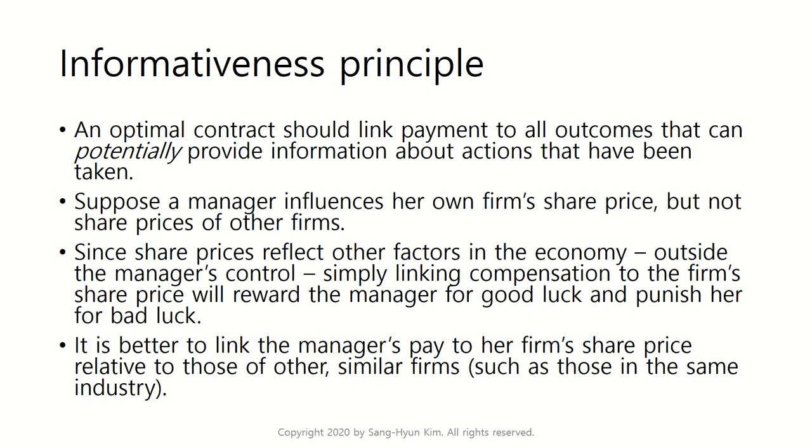Okay, so the optimal contract must be contingent on all available information which potentially provides information about the agent's effort. So that's the informativeness principle, and that's what we want to discuss in this lecture.